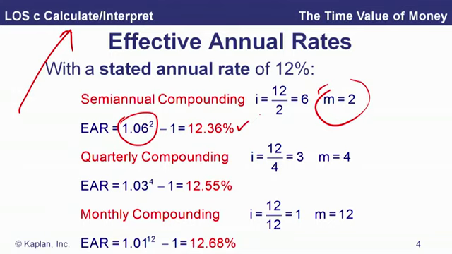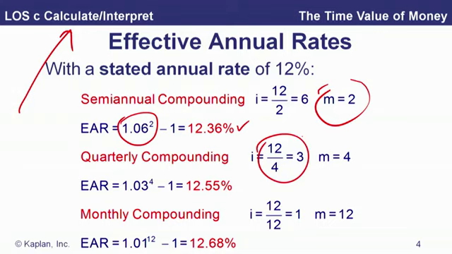12.36%. Now, the next thing I want you to notice is as we increase the number of compounding periods, we increase the effective annual return. So with quarterly compounding, we divide 12 by 4 and get an effective quarterly rate of 3%.